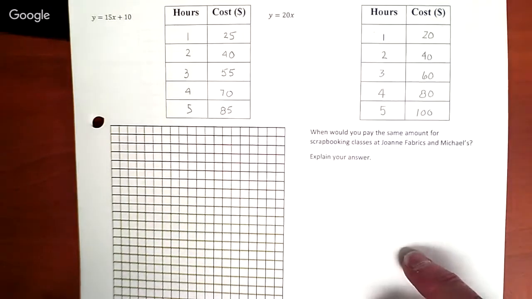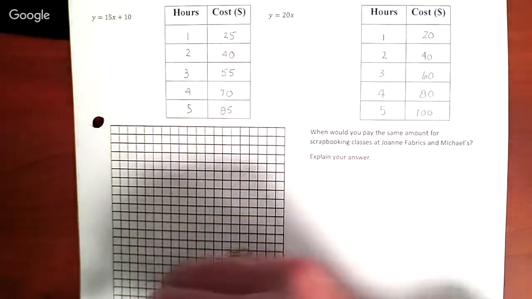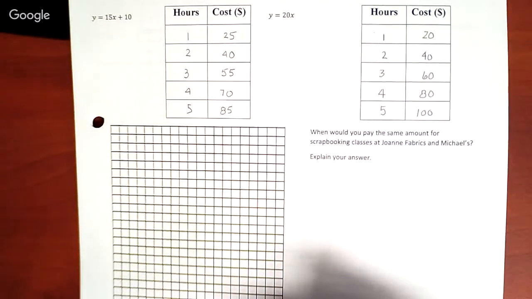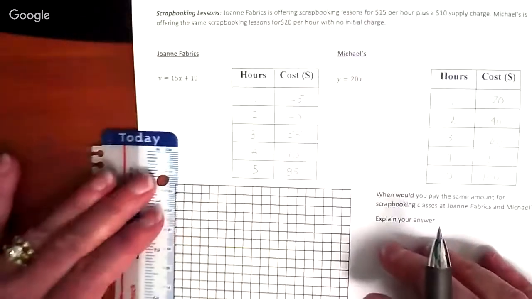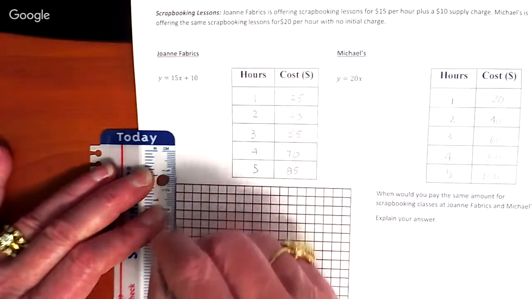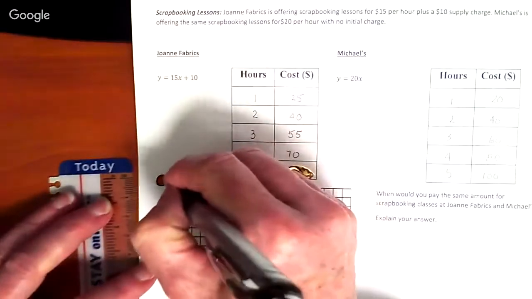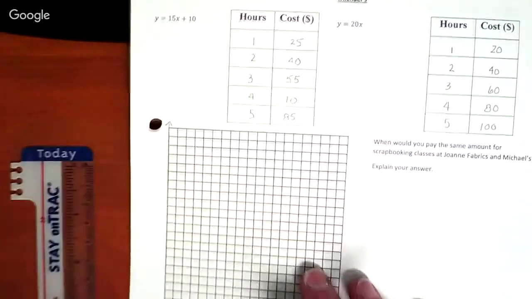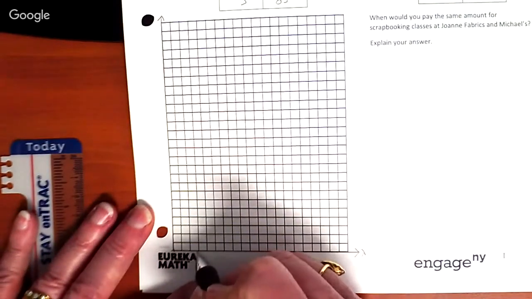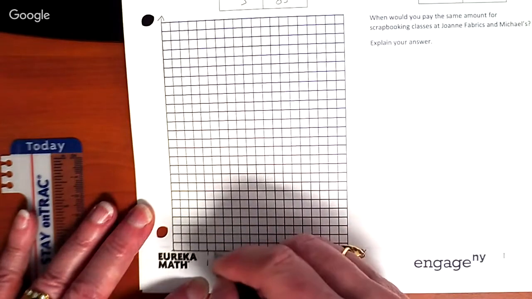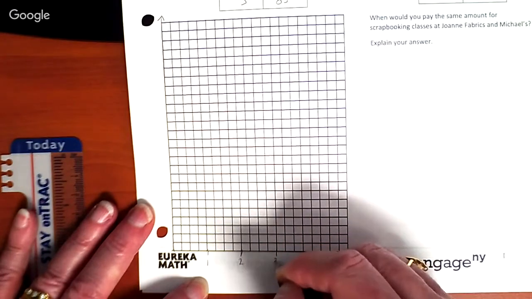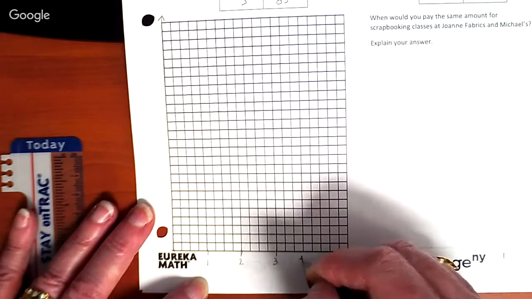You always label your axes, with our x-axis and our y-axis, and as long as the intervals are the same.